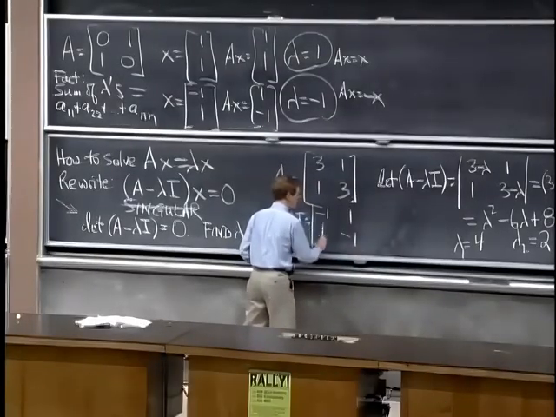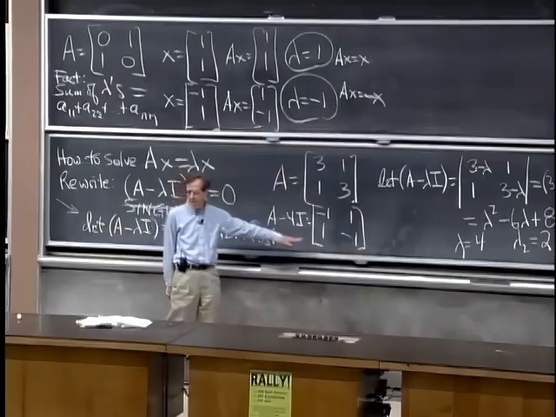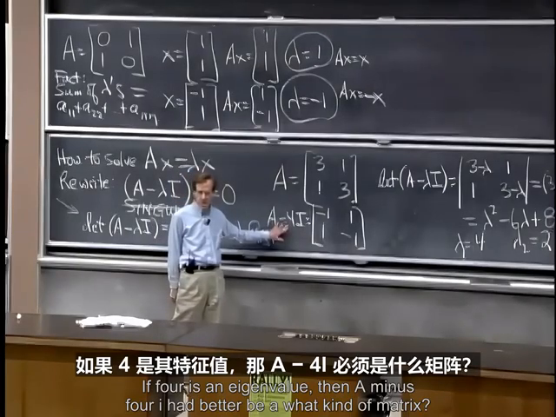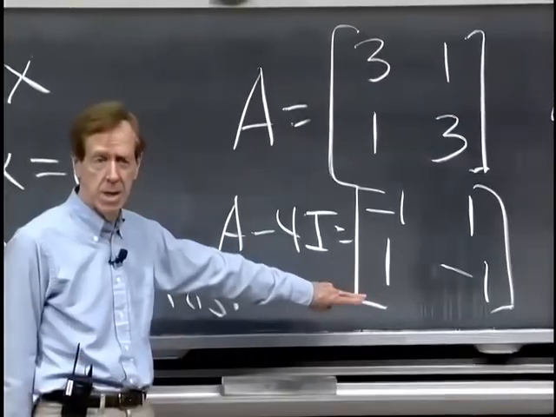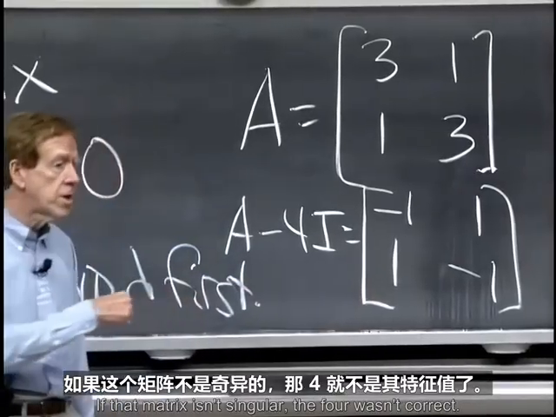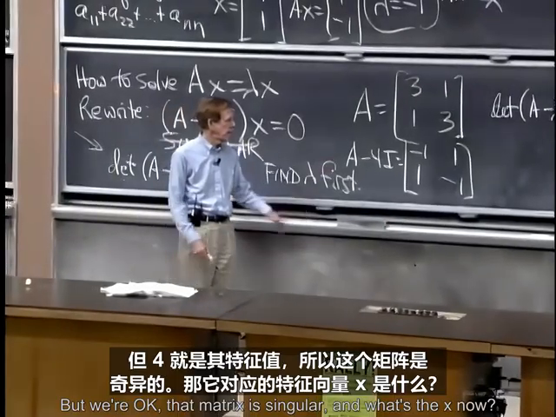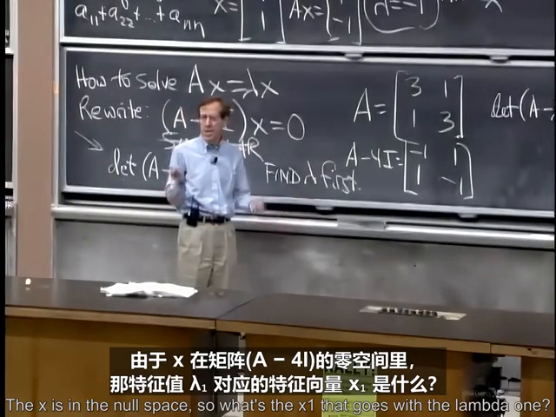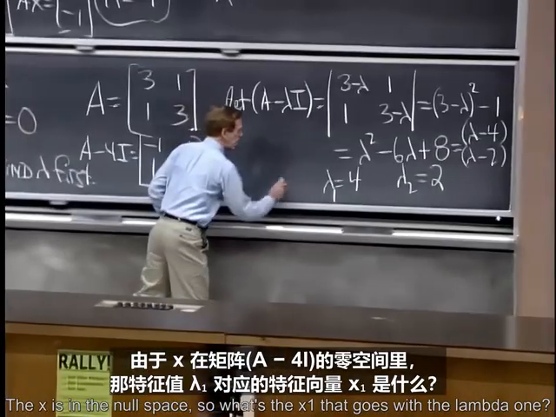And what's the point about that matrix? If 4 is an eigenvalue, then A minus 4I had better be a what kind of matrix? Singular. If that matrix isn't singular, the 4 wasn't correct. But we're okay, that matrix is singular, and what's the x now? The x is in the null space. So what's the x1 that goes with lambda 1?